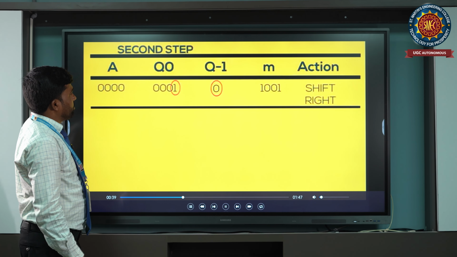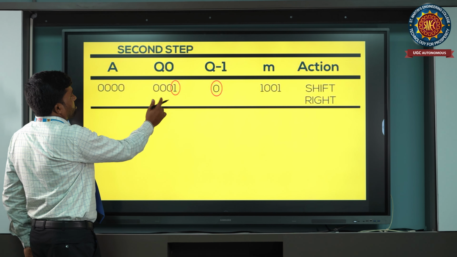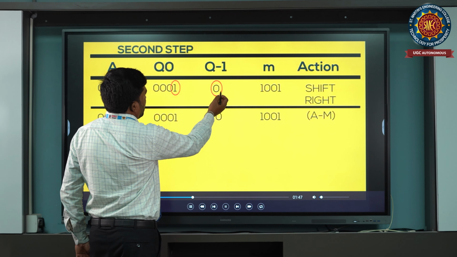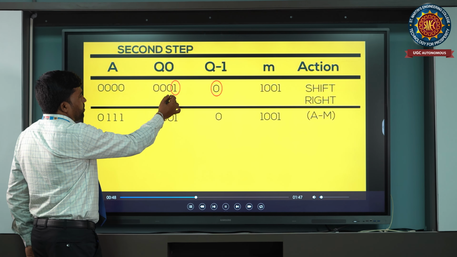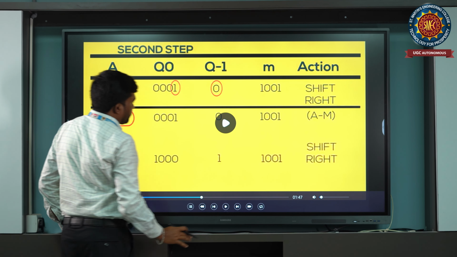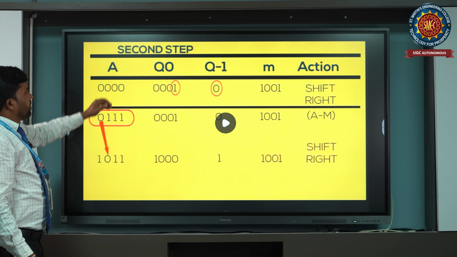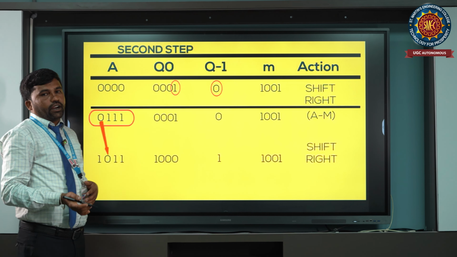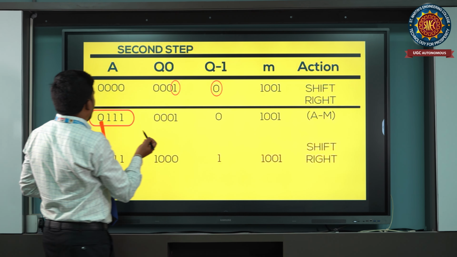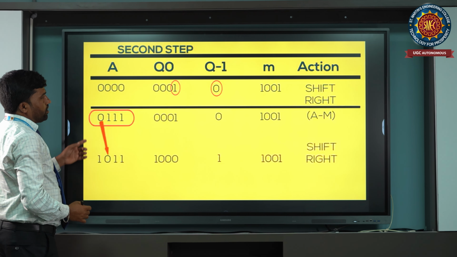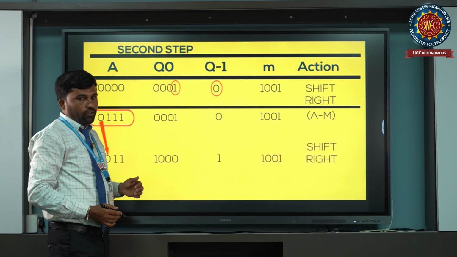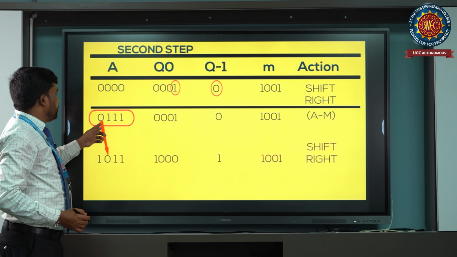At the second step, Qn is equal to 0, Qn plus 1 is equal to 1, and Q is equal to 0. That means here we add B to A. What is B here? 1 0 0 1 1 is added to it. Why we add it is because the 2's complement is taken here, so here 0 1 1 1.